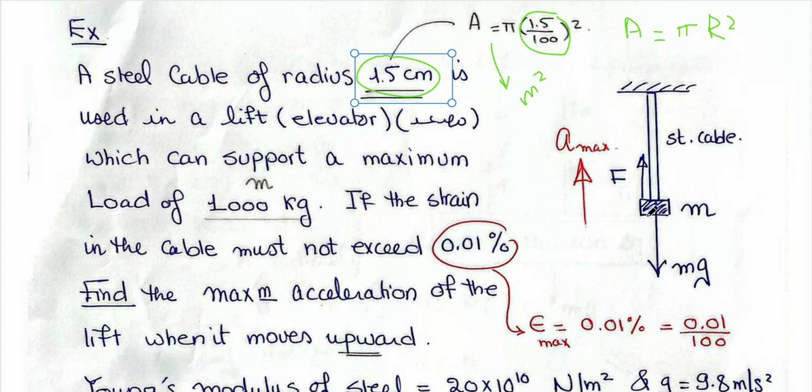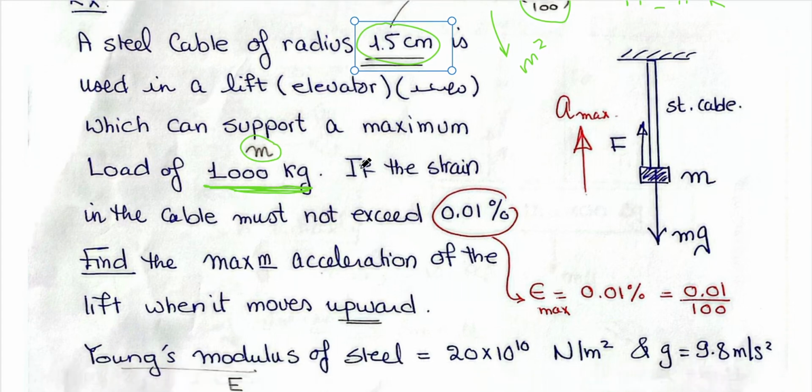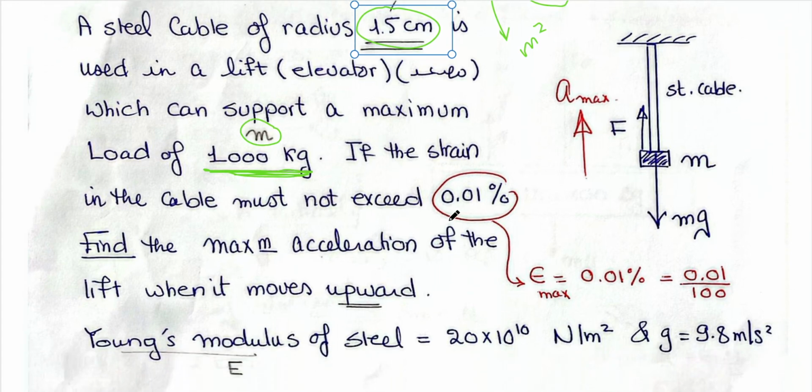This steel cable supports a maximum load of 1000 kilograms. This is the maximum load that this steel cable can carry or support. If the strain in the cable must not exceed 0.01%, this is the maximum strain.